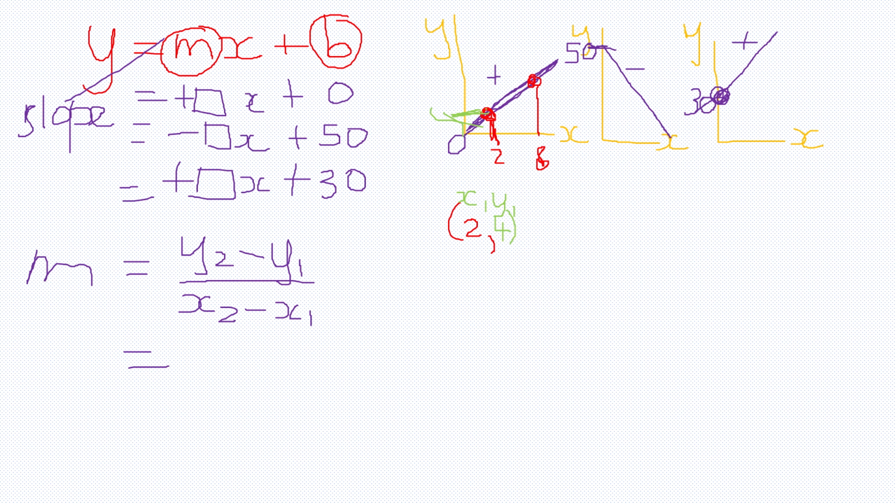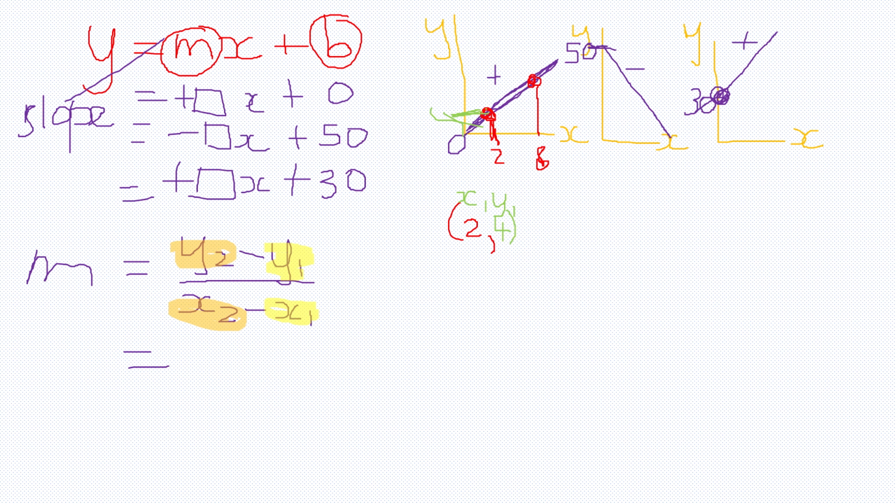You would also notice that you need to know these values here. So there is your x1 value and there is your y1 value. Now we need to find the y2 and the x2.